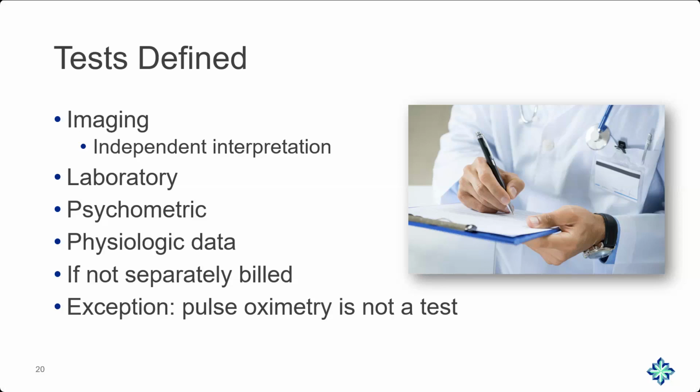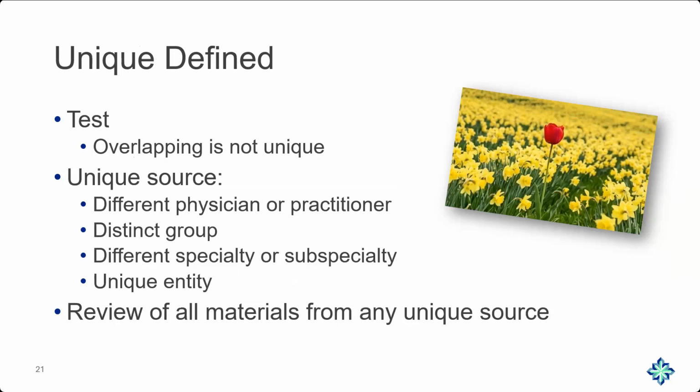So we're looking at unique tests, which brings us into our definition of unique. The AMA states that if you're ordering and performing a test that is part of the same group, it doesn't count separately, because an overlapping test is not unique. A unique test is by that procedure code. Particularly with labs, you may have a lab panel, a CBC panel, say, that is ordered, and then maybe you order some of the single tests inside of that panel at the same time.